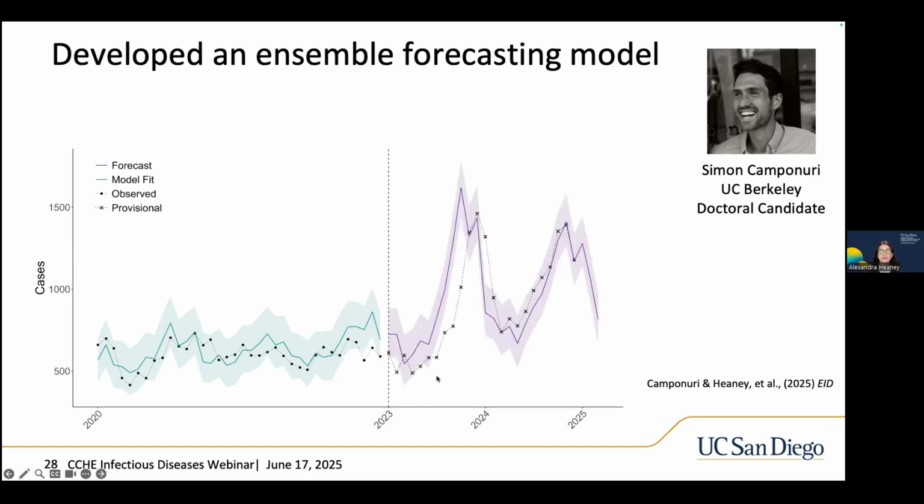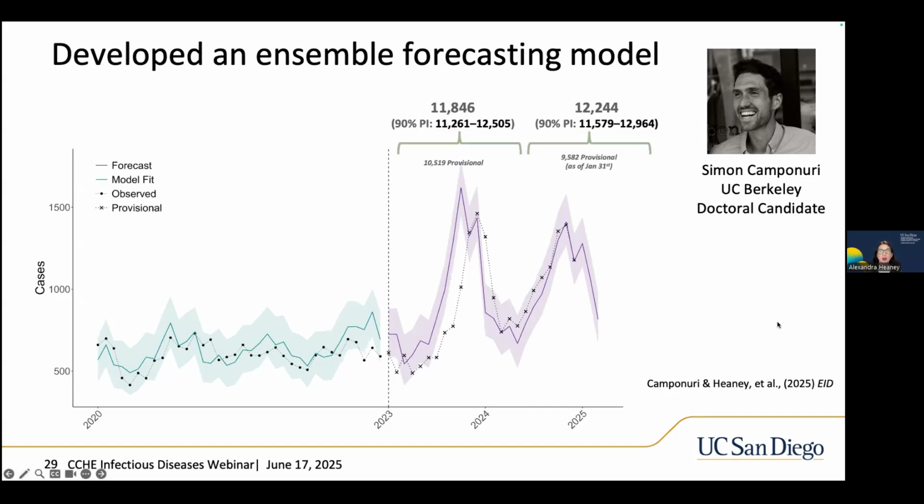We then used that fitted model to forecast future monthly incidents of disease from 2023 through 2025. Our forecasts are shown here in purple with a 95% prediction interval, and preliminary case reports from the California Department of Public Health are shown here in black X's.